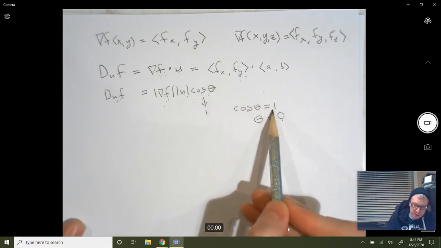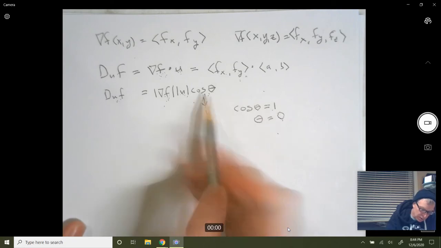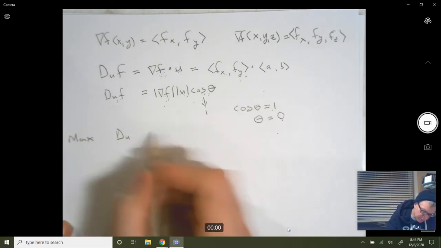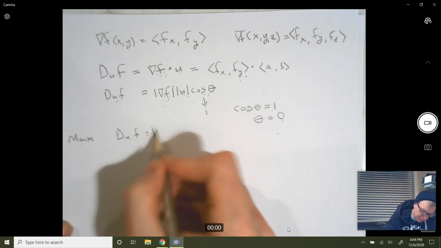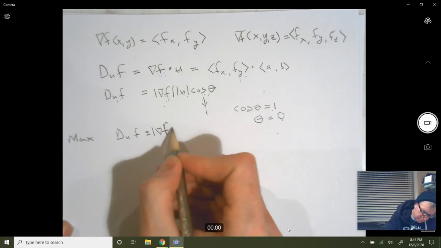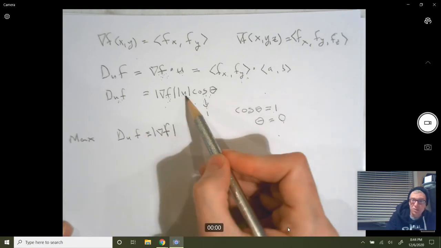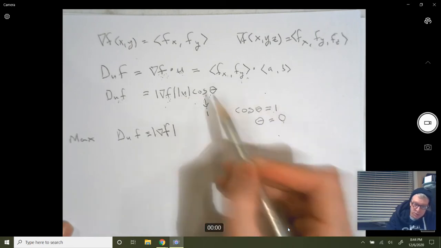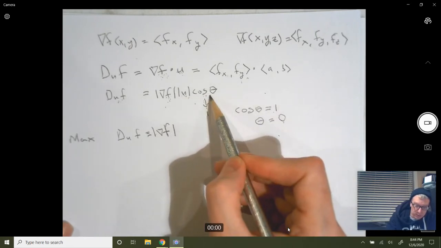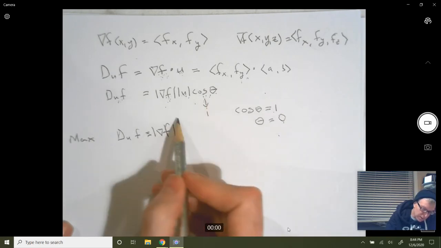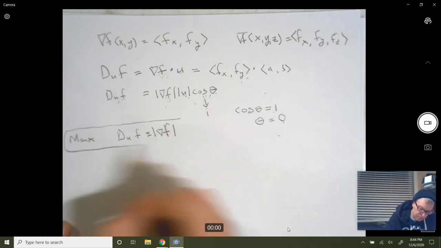But if it's equal to 1, it's maximized, and your maximum directional derivative of your function is equal to the magnitude of the gradient, times the magnitude of this unit vector, which is 1, times the cosine of the angle between them, which you know is 0. So your cosine of 0 is 1. So this is your maximum directional derivative.